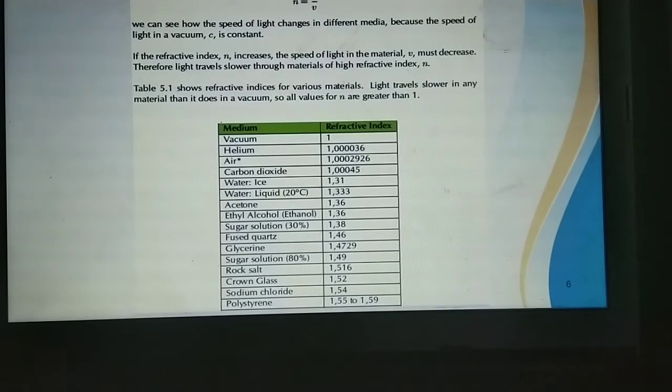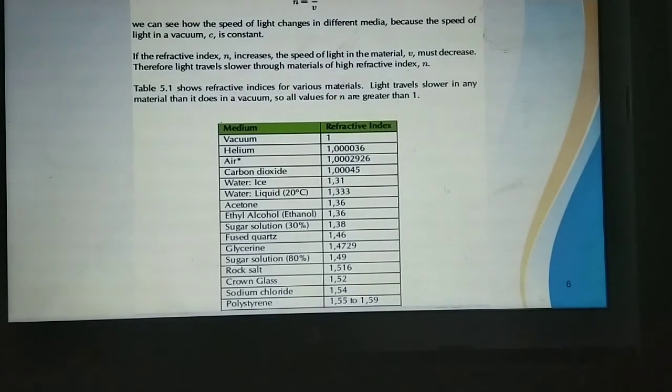Let's look at the table here. You go through this table, table 5.1, showing the refractive index for various materials. Light travels more slowly in any material than it does in a vacuum.